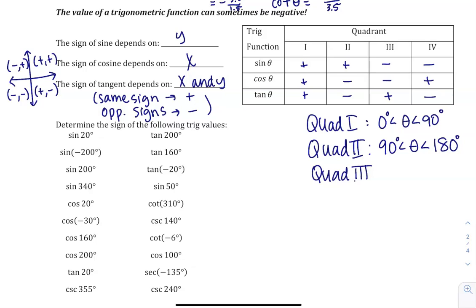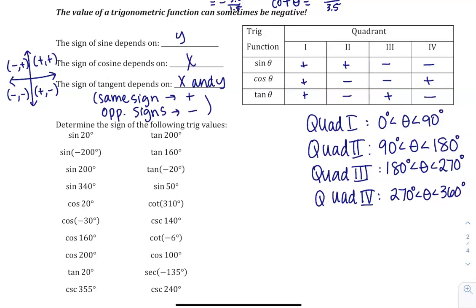Quadrant 3 is going to be between 180 degrees and 270 degrees. And quadrant 4 will be from 270 to 360. Now, what if you have values that are beyond 360 or below 0? Remember, we can always add and subtract 360 to find that coterminal angle. So we'll have to do that a few times here.